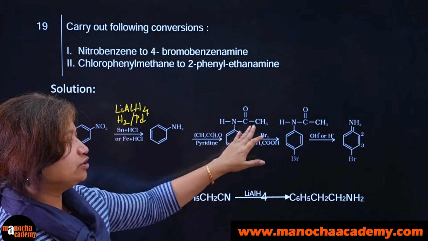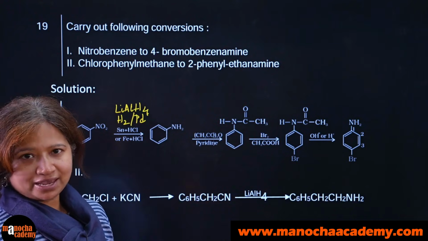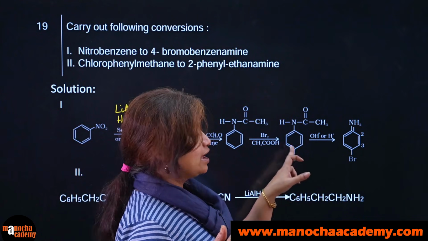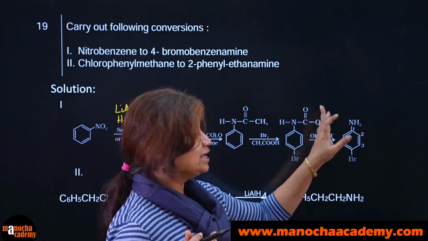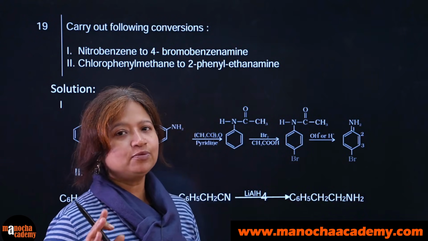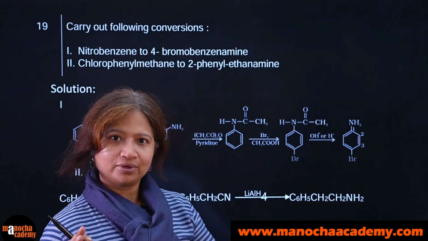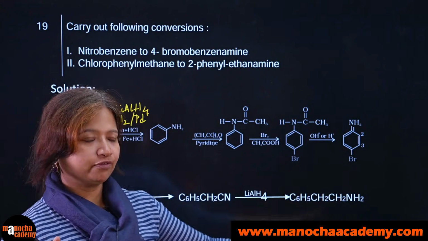You're getting NHCOCH3, and then you're doing bromination in the presence of acetic acid as a solvent. You get para-bromo as the major product, and further you can do either acid or basic hydrolysis. You get this. This conversion even came in the last board exam. Last board exam there was a conversion based on this concept only. In this year's sample paper also, they have given this type of question.